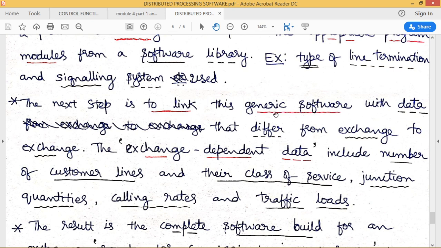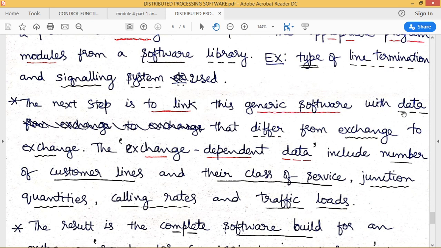All those communication links must be established. So one exchange requires a certain type of data and another exchange may require another type of data.